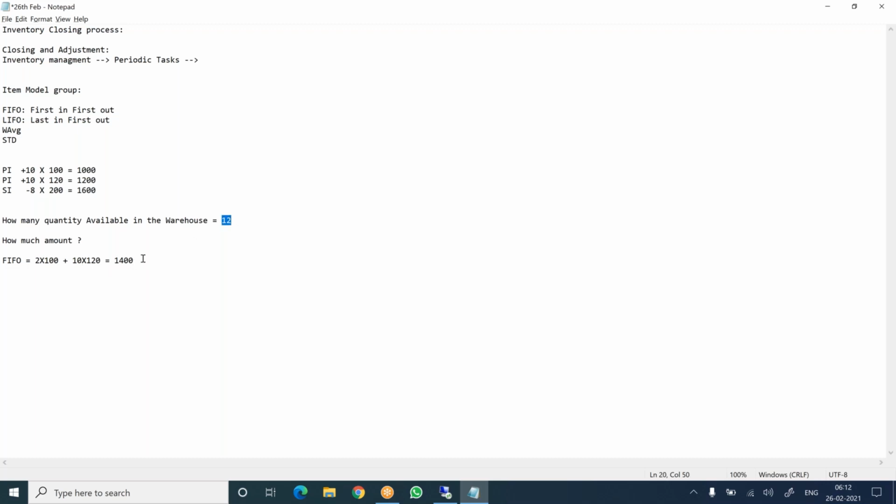But if I want to calculate amount, I am assuming the first 8 quantity are removed from this one, then the remaining 2 quantity will be there. Remaining 2 multiplied by 100, 200, plus 10 into 120, it is 1200. So it is 1400. Understood the calculation?